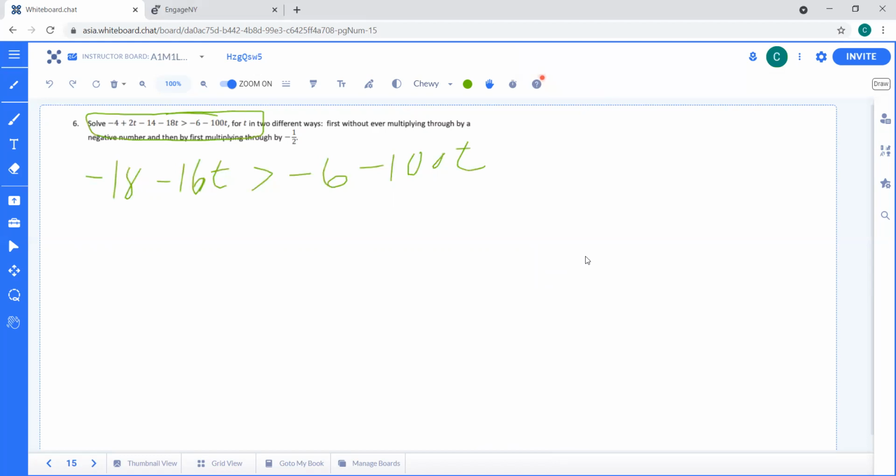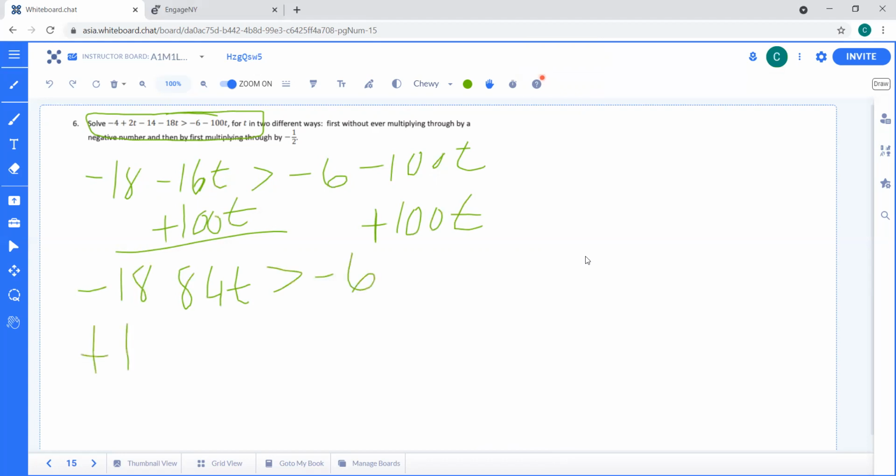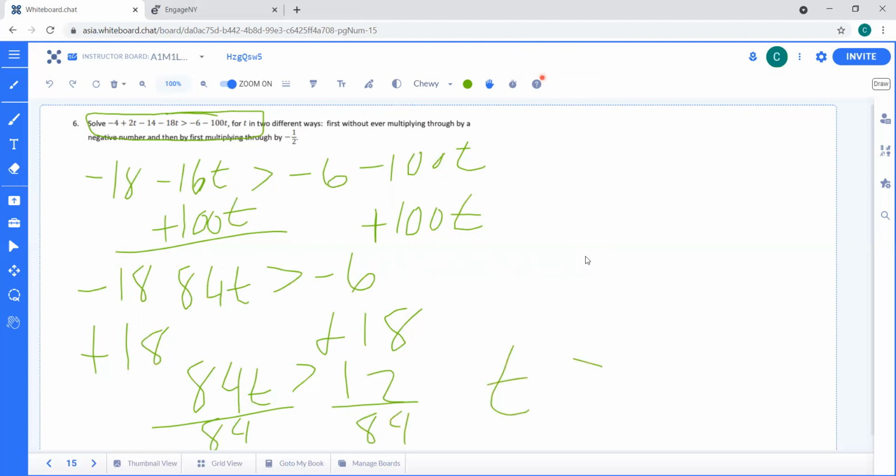So let's add 100t to both sides. That's going to give me 84t. Negative 18, I add 18 to both sides. That's going to be 12. So if I divide by 84, t is going to be, what will that reduce to? 1/7.